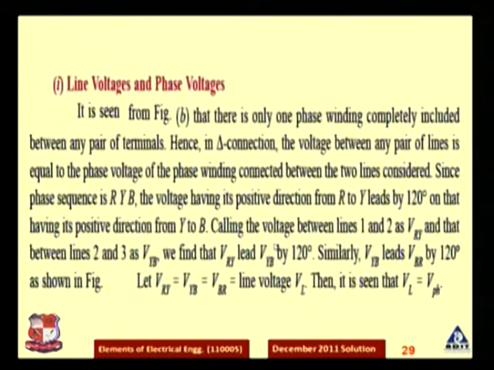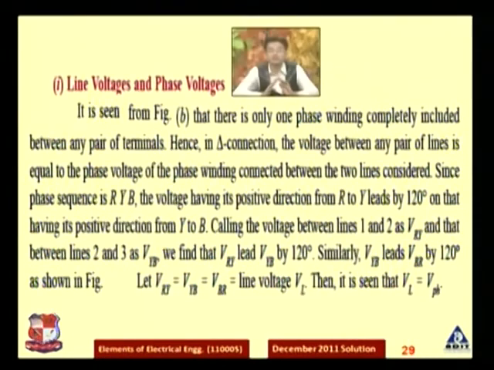If you want to find out the phase voltage, then from the earlier figure you can see that only one phase winding is completely included between any pair of terminals. So as there is no neutral in the circuit, the line voltage is equal to the phase voltage, because there is no neutral. And as you can see, each phase, R phase, Y phase and B phase, will be apart from each other by 120 degrees.